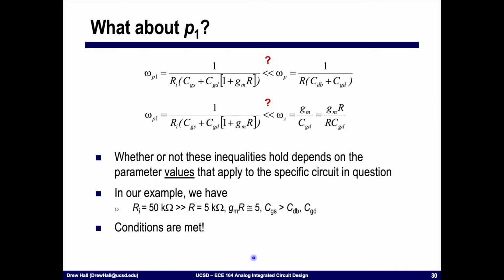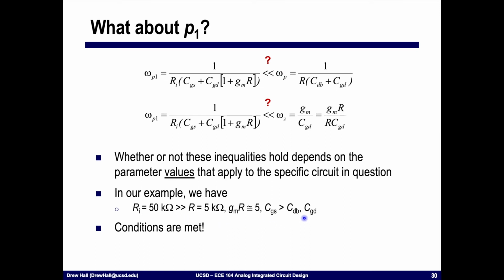All right. The question of whether or not these conditions are met between the poles and the zeros really depends on the circuit parameters that we're using and how we're applying this within the circuit. I will say that in general, omega P1 is typically going to be at the input, and in the example conditions that I gave, that is true.